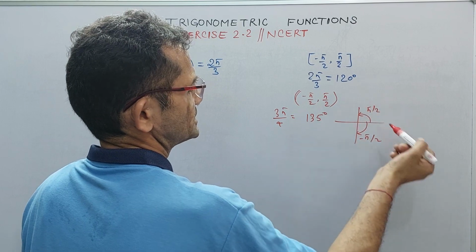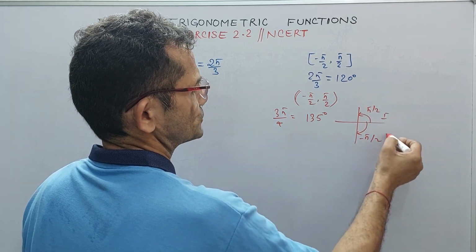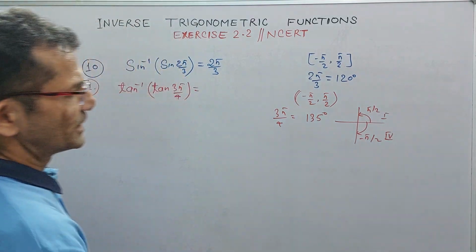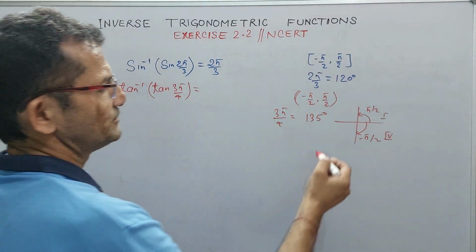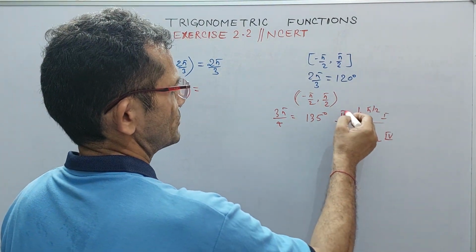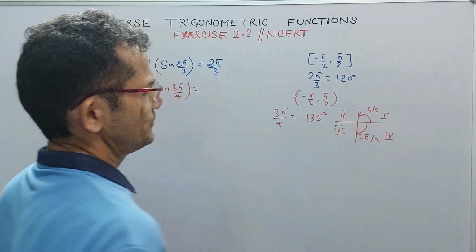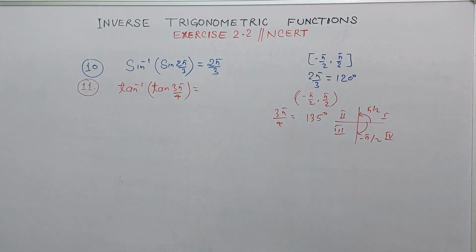We need the angles in the first and fourth quadrants, but this angle is coming in the second quadrant.